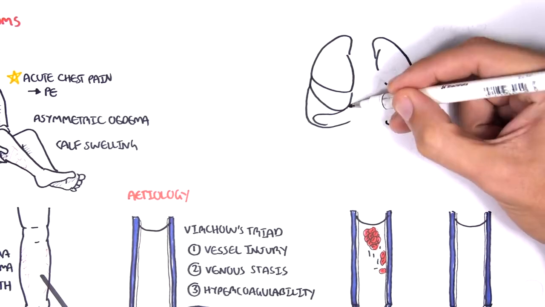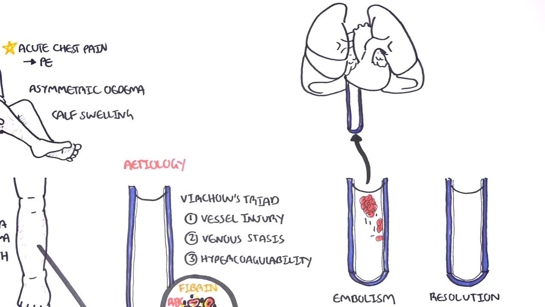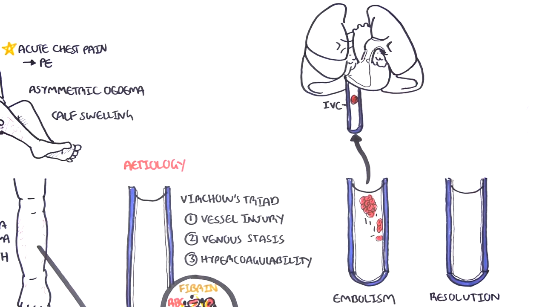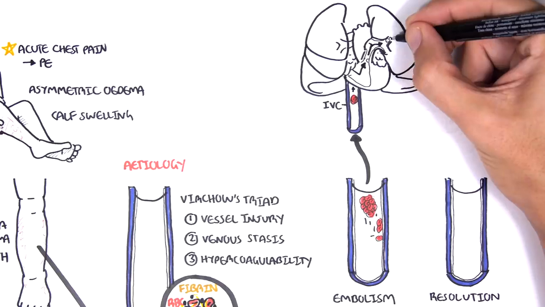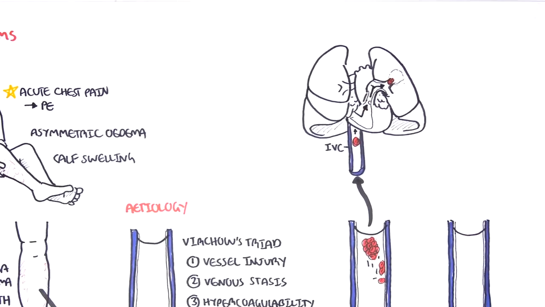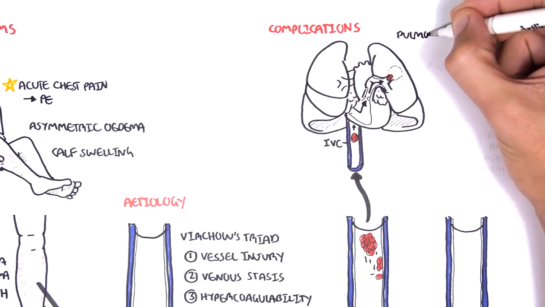But we will mainly focus on embolism because it is a common fate of thrombus in the deep veins and can be life-threatening. When a thrombus dislodges and becomes an embolus, it can travel up to the heart via the inferior vena cava. The heart will then pump the embolus to the pulmonary circulation. The embolus can then lodge into the pulmonary arteries, causing what's known as a pulmonary embolism.